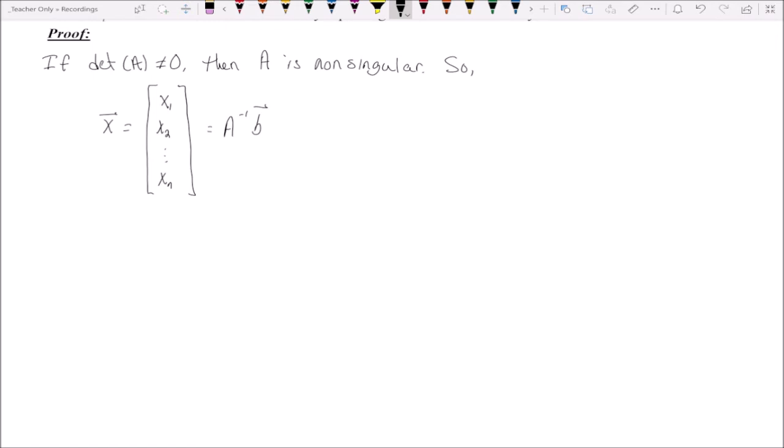Right, so what does this actually equal? Well, by corollary 1, A inverse is this.